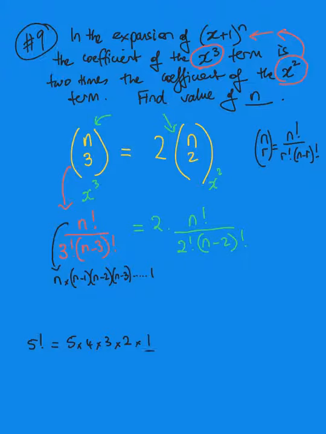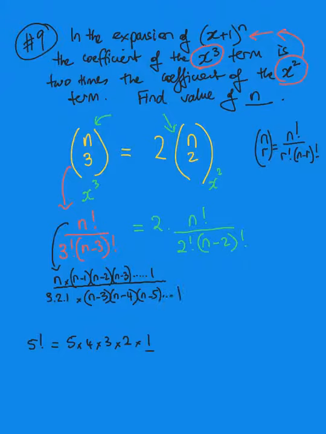That's all I've done there. And this is over 3 factorial, which is just 3 times 2 times 1, times n minus 3 times n minus 4 times n minus 5, etc., until we get to 1.